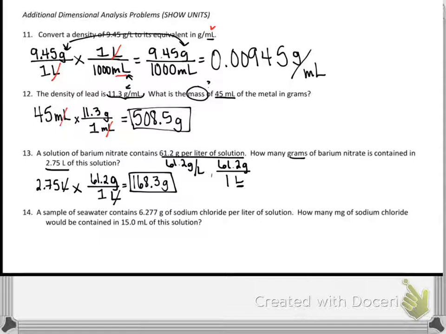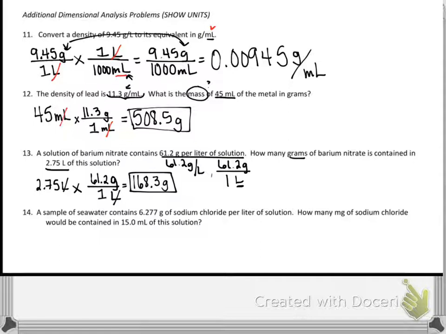Alright, our next problem says a sample of seawater contains 6.277 grams of sodium chloride per liter of solution. How many milligrams of sodium chloride would be contained in 15 milliliters of this solution? Alright, this is probably the most difficult problem. So we have to figure out our information.